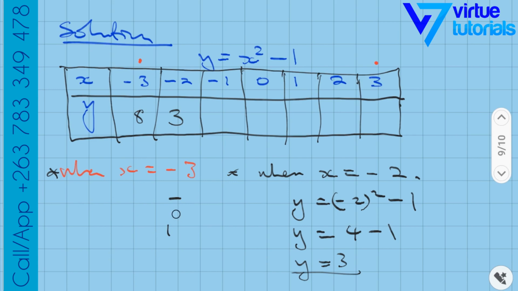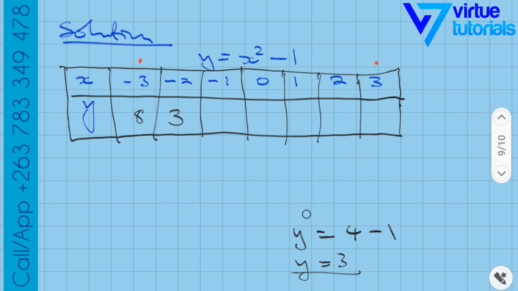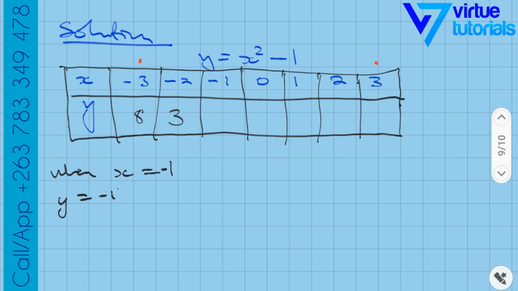Just erase this and make room for our other calculations. Now the next thing, when x is equal to minus 1, y is equal to minus 1 squared minus 1. So y is equal to minus 1 times minus 1, which is 1, minus 1, that will give you a 0. So I have a 0 there.